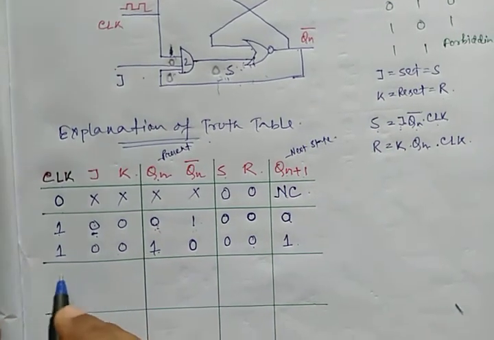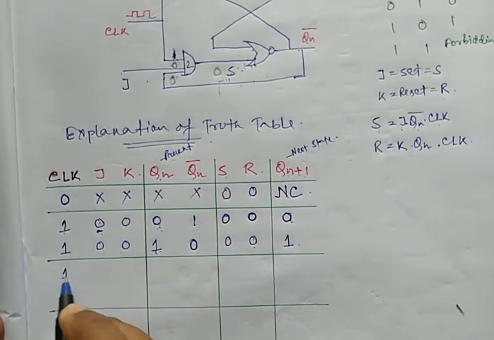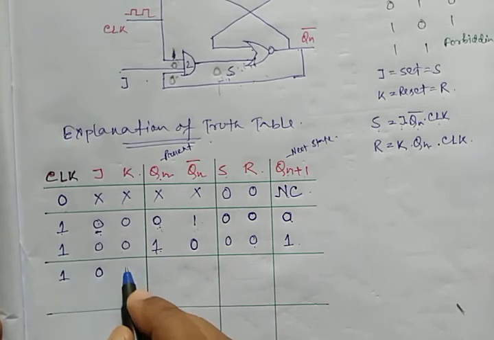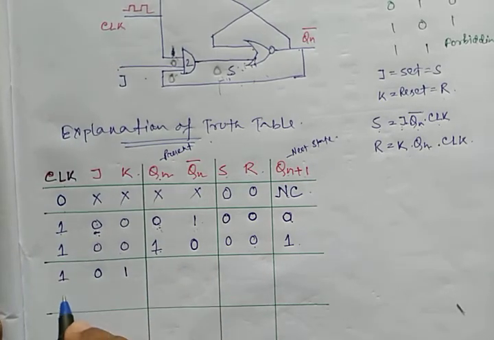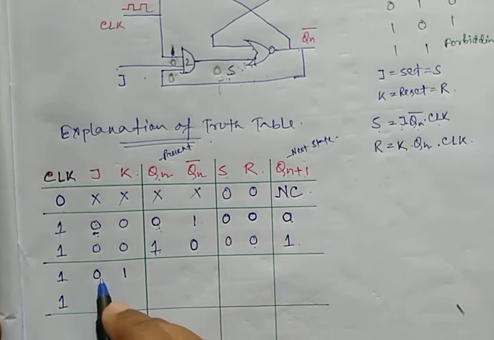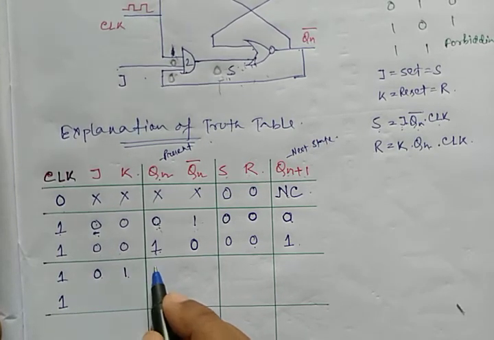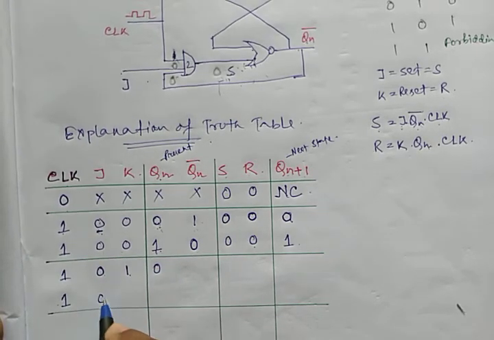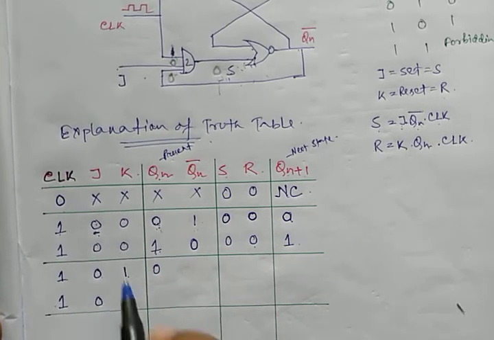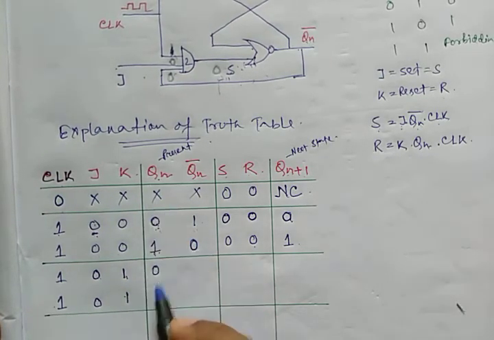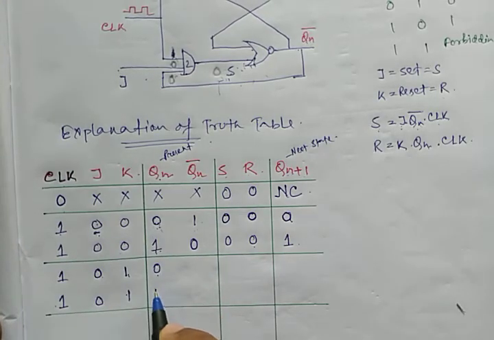Similarly, we can get it when clock is 1, J input is 0, K input is 1. There are also two conditions, because for two inputs there are two conditions, and we have to check two times because Qn is 0 and Qn is 1.